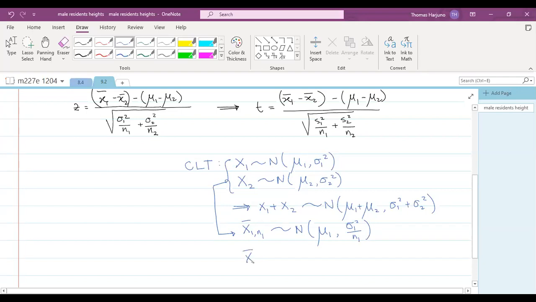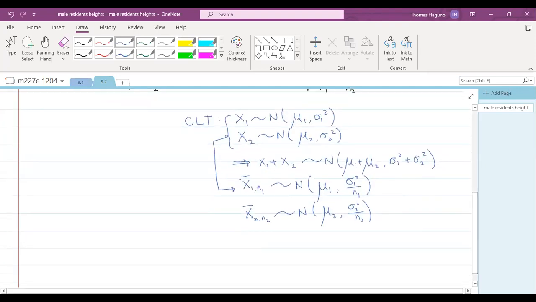Now, the sampling distribution of the second group with size n2 will have the same mean, yet the variance will be the original variance divided by the sample size. Now if I add these two sampling distributions, x1 bar with sample size n1 plus x2 bar with sample size n2, then it will be normally distributed with mean mu1 plus mu2 and variance sigma1 squared over n1 plus sigma2 squared over n2.